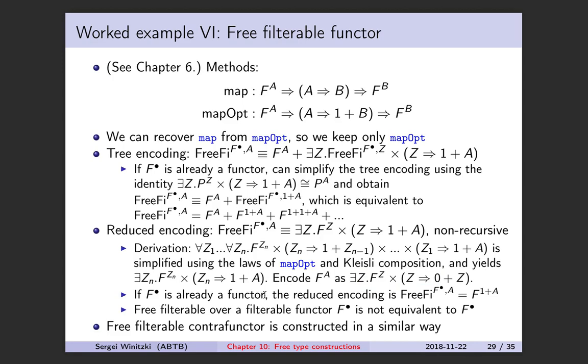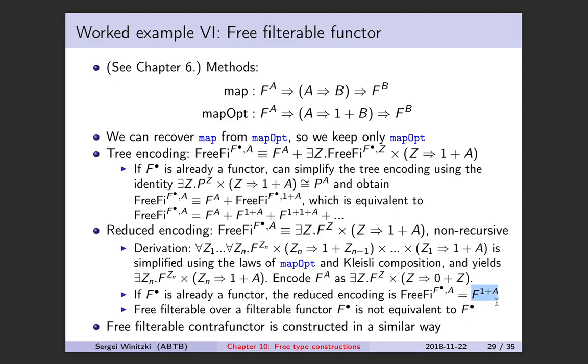And the most interesting simplification is when f is already itself a functor, then we use the basic identity. And we get f of 1 plus a. So the free filterable over a functor is just this.